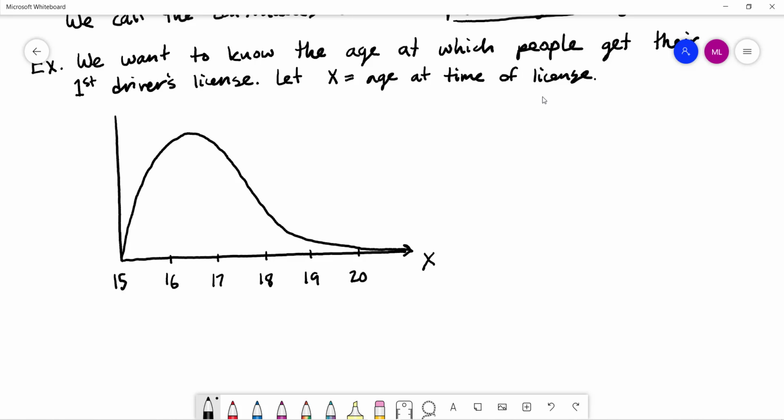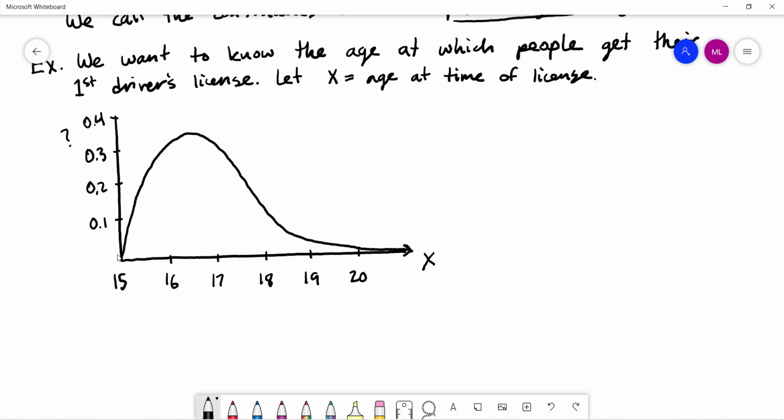Again, I'm not going to call this P of X over here. It's going to be some values, and we'll talk about what those values are in a minute. Maybe this is 0.1, 0.2, 0.3, 0.4 up here. Okay, so here's kind of what our picture is looking like right now.